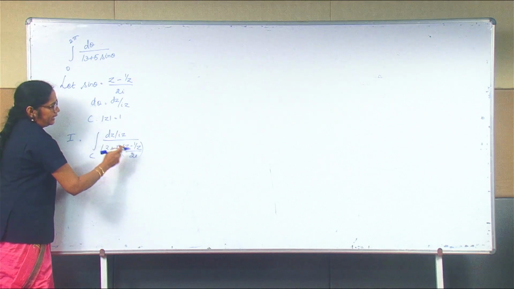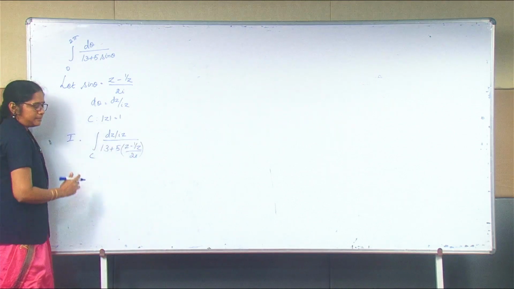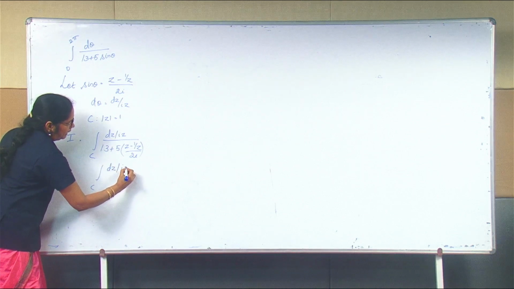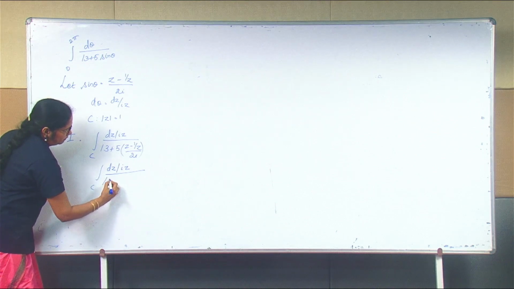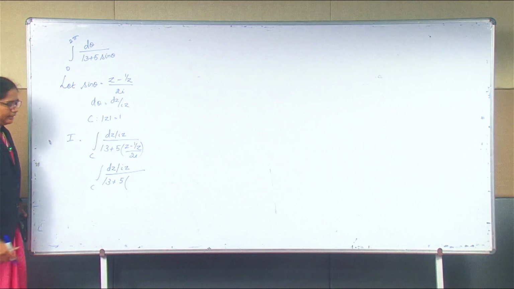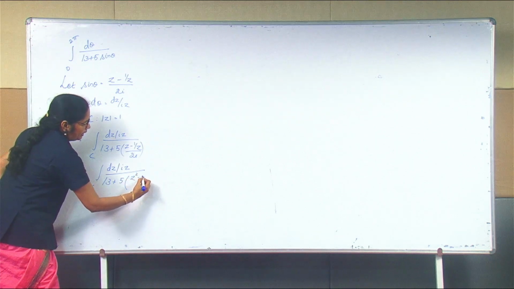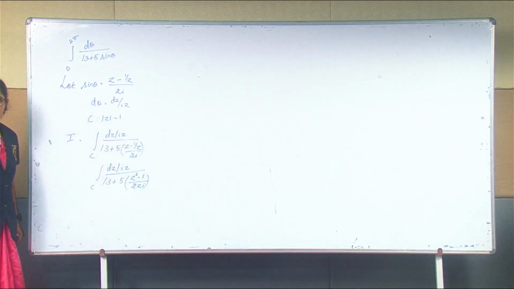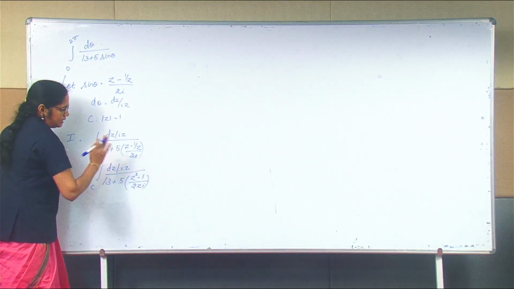Before taking the LCM, I would like to do this simplification. Just follow here: dz by iz divided by 13 plus 5 into z minus 1 by z, which can be written as z square minus 1 by 2zi. Just make the difference between 2 and z, so it is easy for the simplifications.